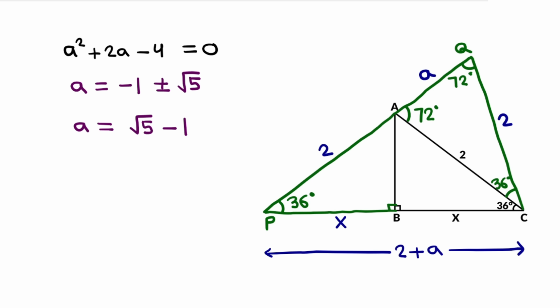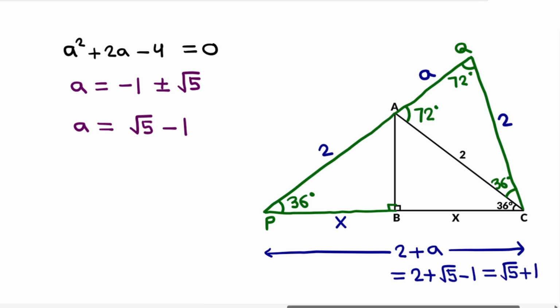Now, go back to PC. PC equals 2 plus a. So that becomes 2 plus √5 minus 1, which simplifies to √5 plus 1.